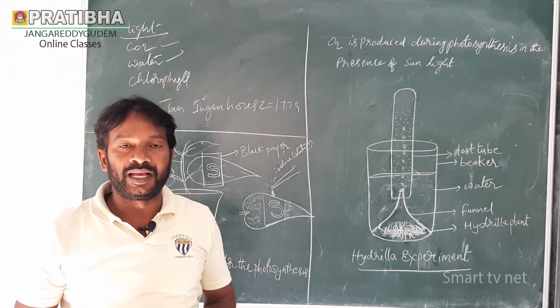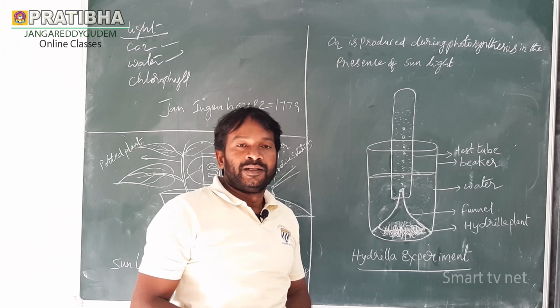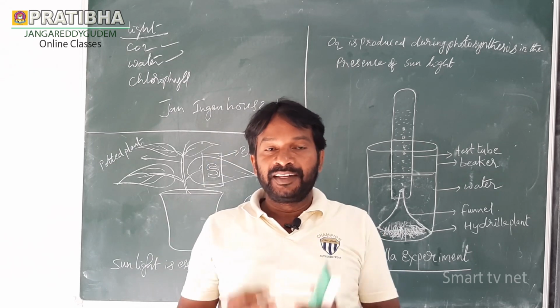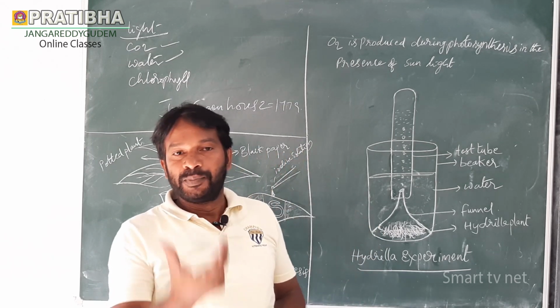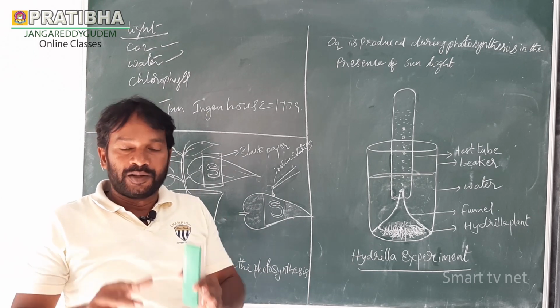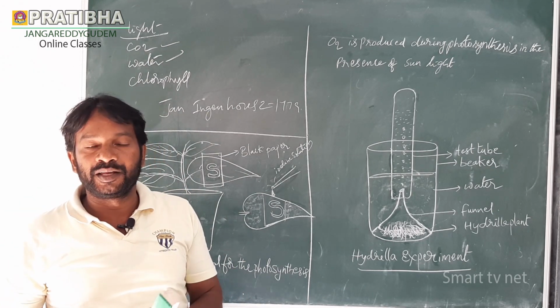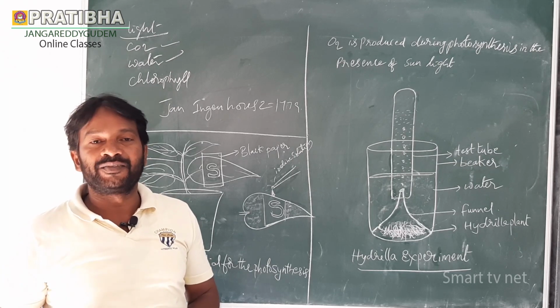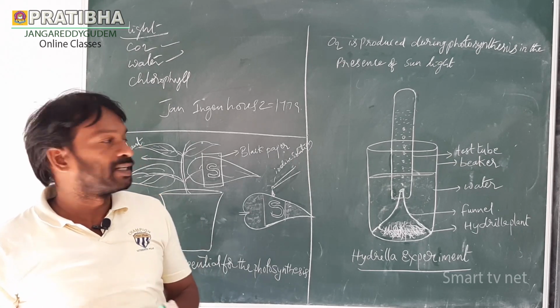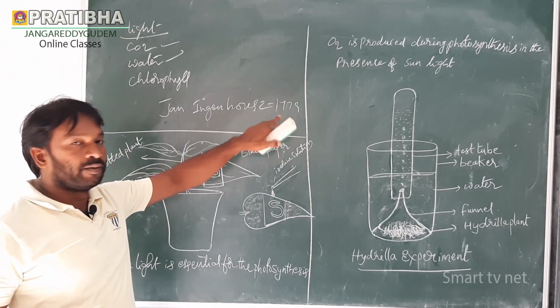Whenever he observed the aquatic plants in a light illuminated area, some bubbles were coming, and when aquatic plants were in a dark or shady area, bubbles were not forming. That was noticed by John Ingenhousz.